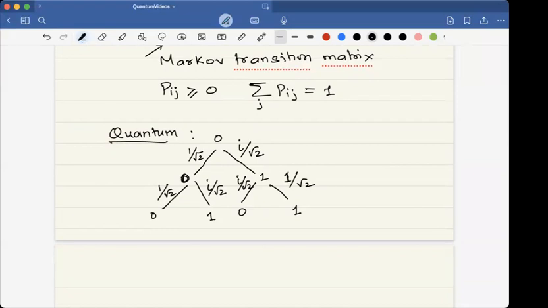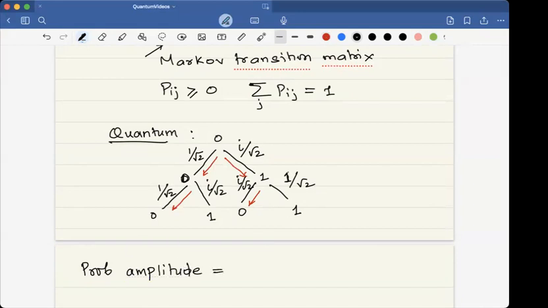Now if you compute the probabilities of detection at detector 0, remember the probabilities are the amplitude mod square. So let's first compute the amplitude. If I want to get detected at detector 0, then the paths are as shown, and this gives the probability amplitude of detecting at detector 0.